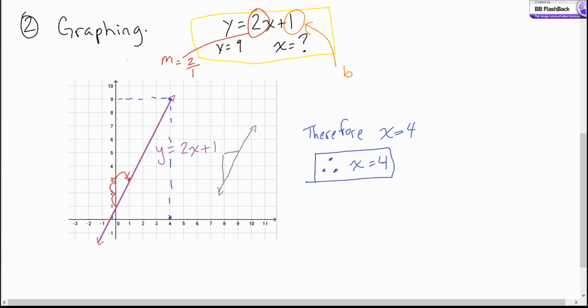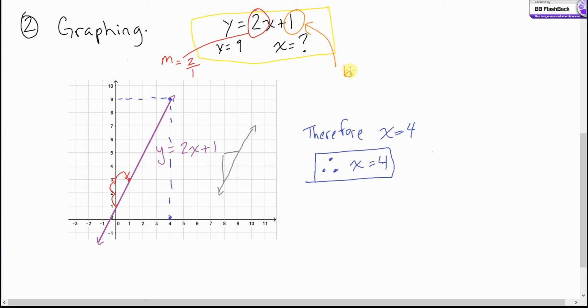What's the problem with this? Well, it's not crossing the y-axis at the intercept. So you can't just randomly start doing the slope in any spot.